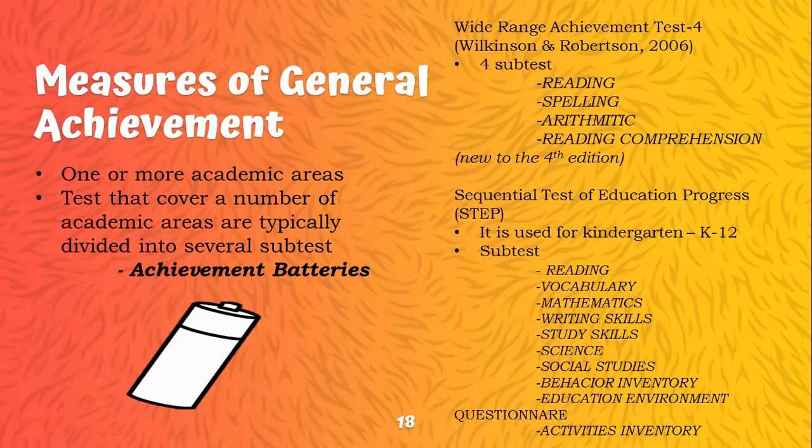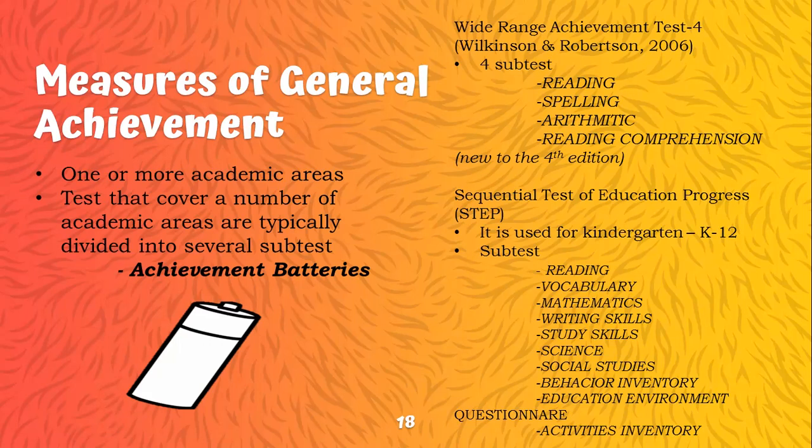So general achievement test kasi is that learning nga ma-achieve nato in one or more academic areas na typically divided into several subtests, which katong gingon ako ganina na achievement batteries, and ang ubang batteries kay gina-administer individually by group like the following.